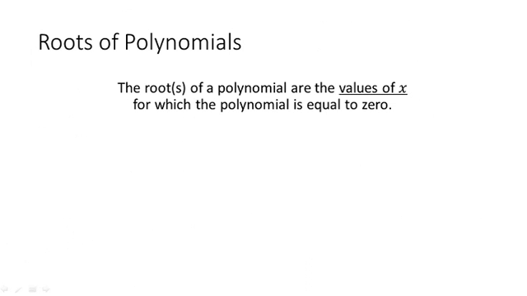The other thing you need to know how to do with polynomials is to find their roots. Roots of a polynomial are the values of x for which the entire polynomial expression is equal to 0. There are quite a few natural scenarios where you need to know the roots of the polynomial.